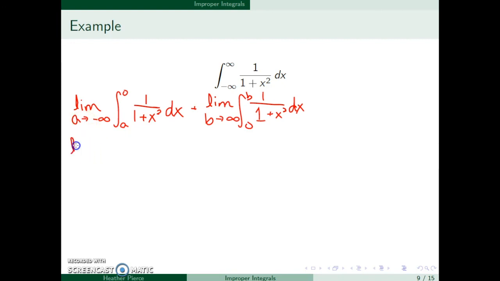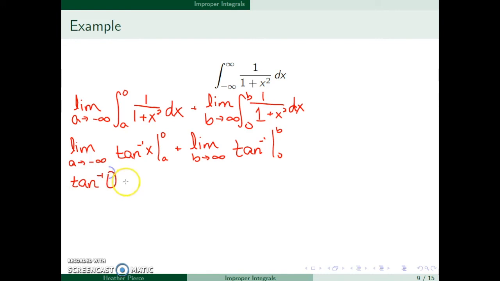So we now have the limit as a goes to negative infinity of inverse tangent between a and 0 plus the limit as b goes to infinity of inverse tangent from 0 to b. So now we'll evaluate this.